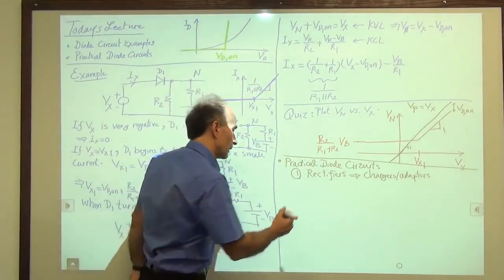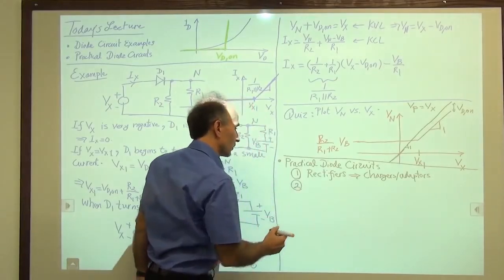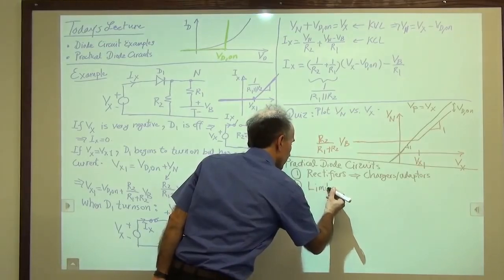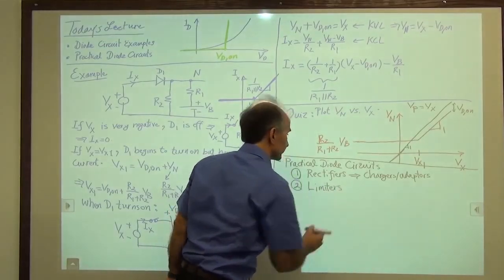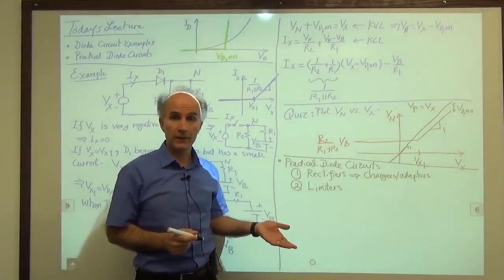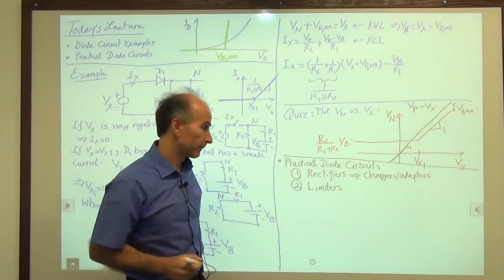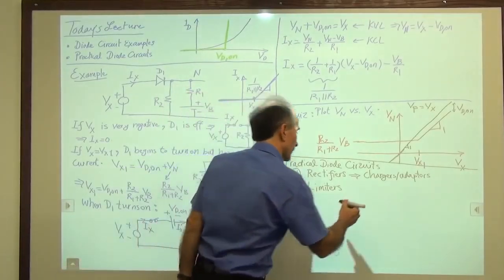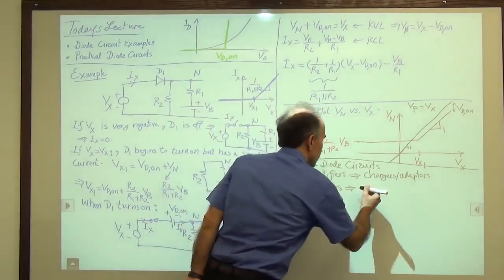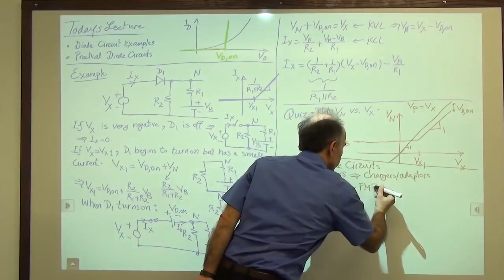All right, the next type of circuit that we will study are called limiters or limiting circuits. In some fields they call these limiters. In some fields they call them limiting circuits. They are the same thing. And these have various usage. For example, sometimes they're used in FM receivers.